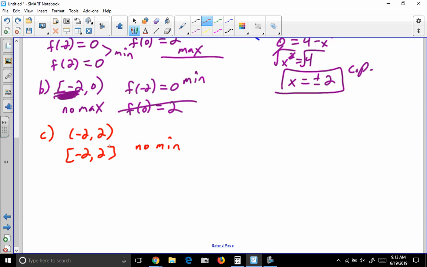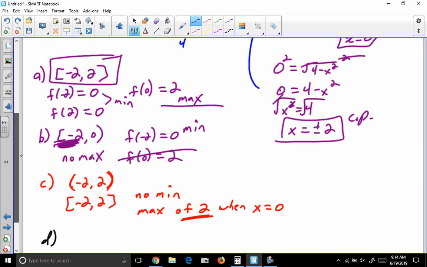Our maximum was at 0, and 0 is still inside our interval, so we have a max of 2 when x is 0. We don't have a lowest value because where the minimums would have occurred, those points are no longer there.